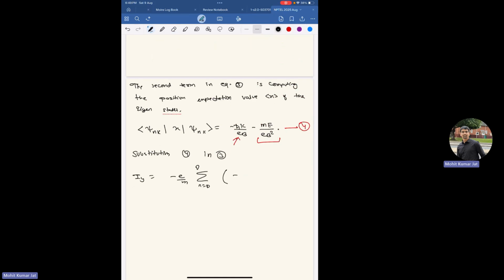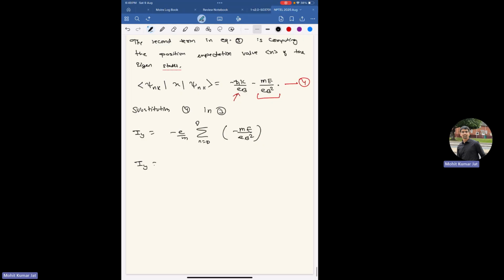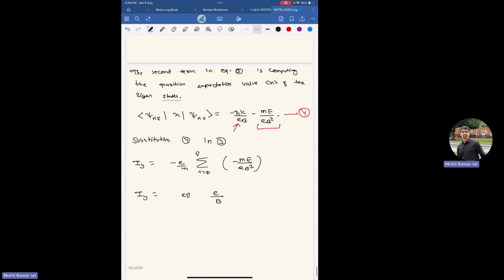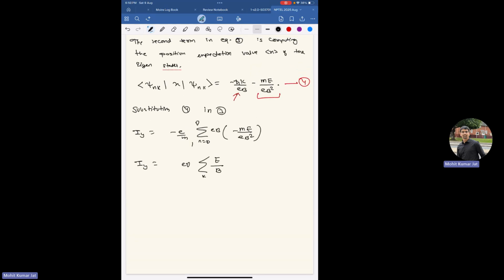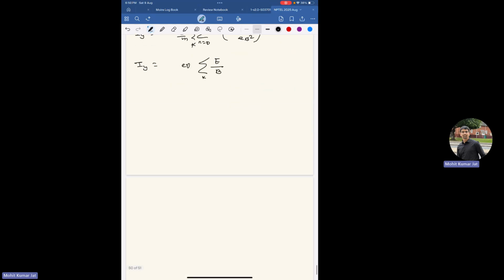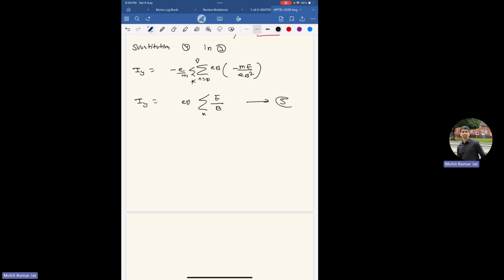This equation boils down to m E by eB squared, and Iy will essentially be, e cancels, e by B, and you will have capital E, that is your electric field, and sum over all your k's. Let me call this equation number 5.